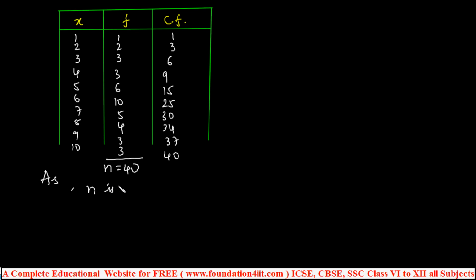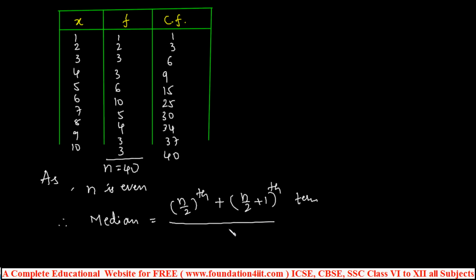So n is even. Because n is an even number, the formula for the median is the average of the n by 2 observation and the n by 2 plus 1 observation, divided by 2. n by 2 is 40 by 2, so the 20th observation plus the 21st observation, divided by 2.